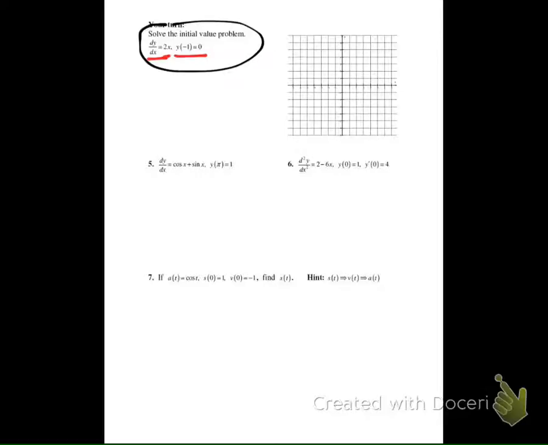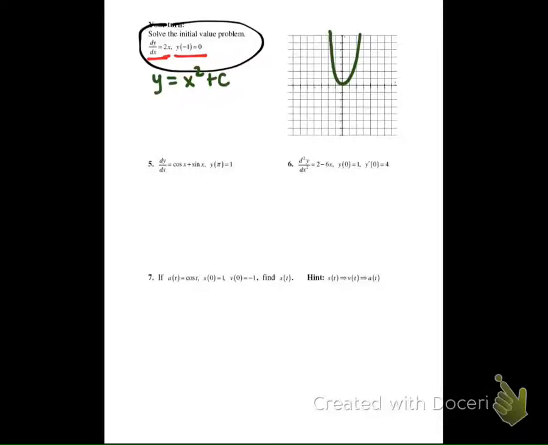Okay, but remember that the antiderivative of 2x, or the solution to the differential equation, the general solution would be x squared plus some constant. So if we did x squared plus 0, we'd have something that looked like this.